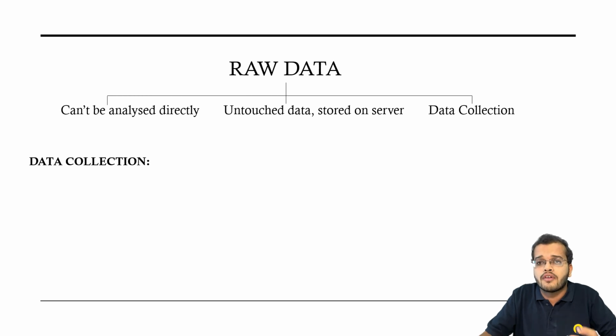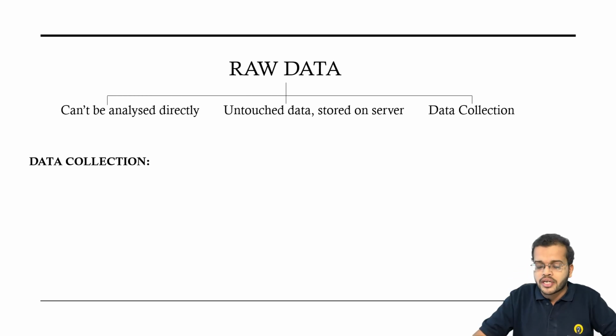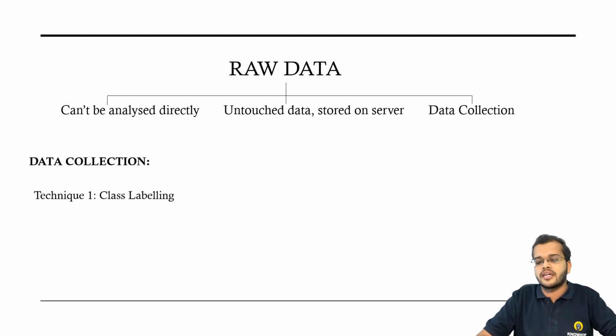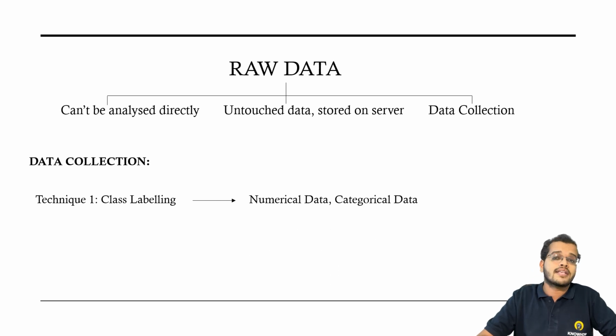Now we have to handle this kind of traditional data with some techniques. The first technique is class labeling. What is meant by class labeling? You should be very clear about what exactly is the numerical data and what exactly is the categorical data that we have.